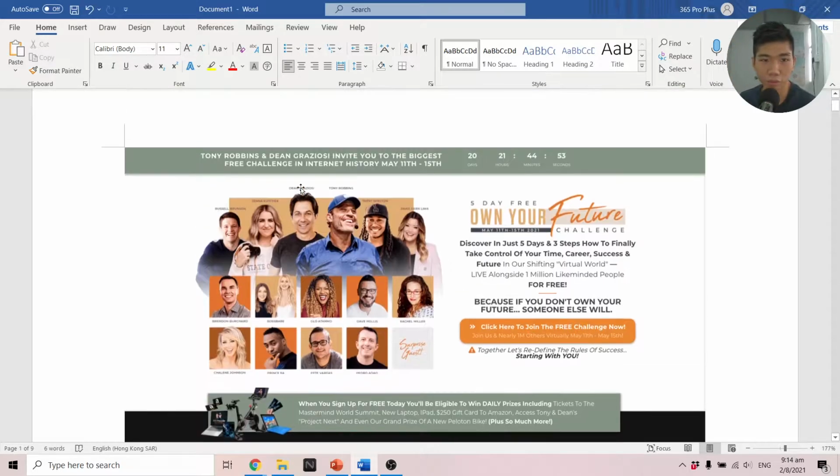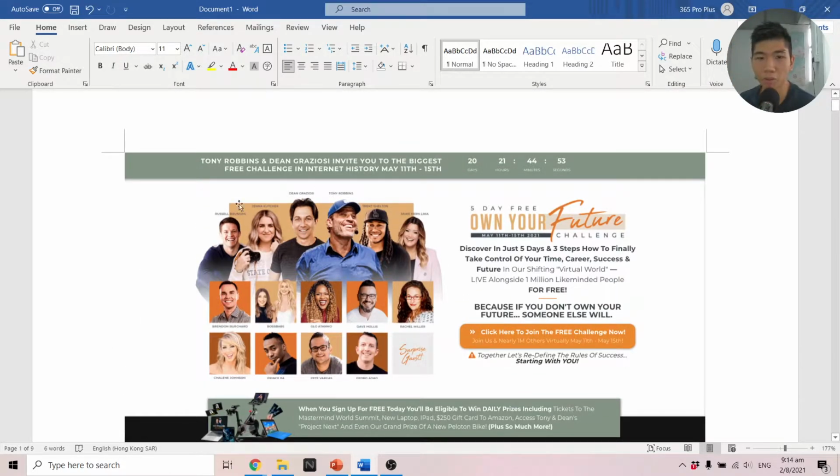And then the graphic shows the people who will be included in this challenge. So if your challenge invites some industry experts or famous people, you can put them on the graphic. Or you can put a video talking about what this challenge is about and this still works.